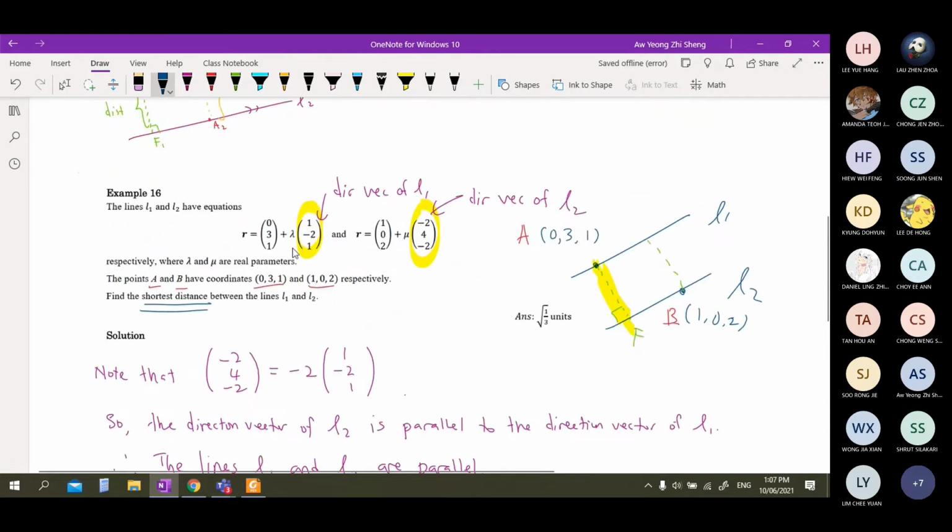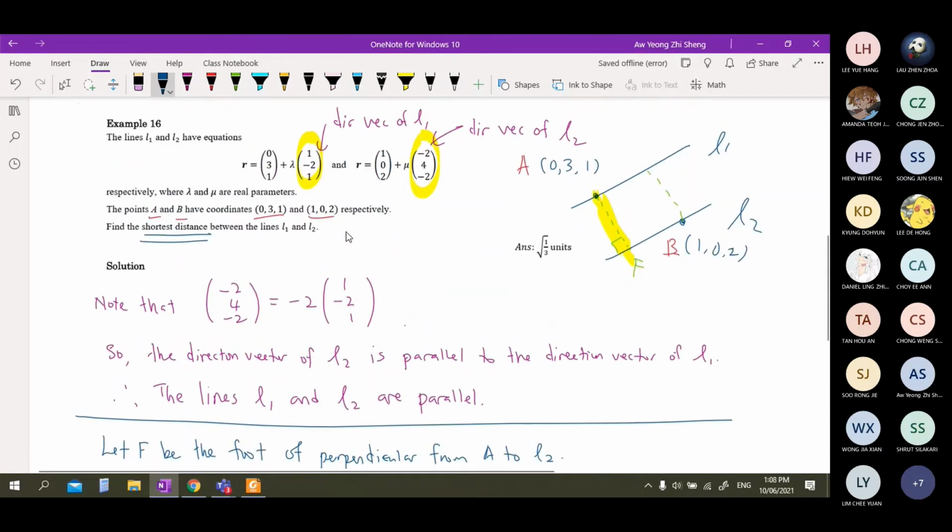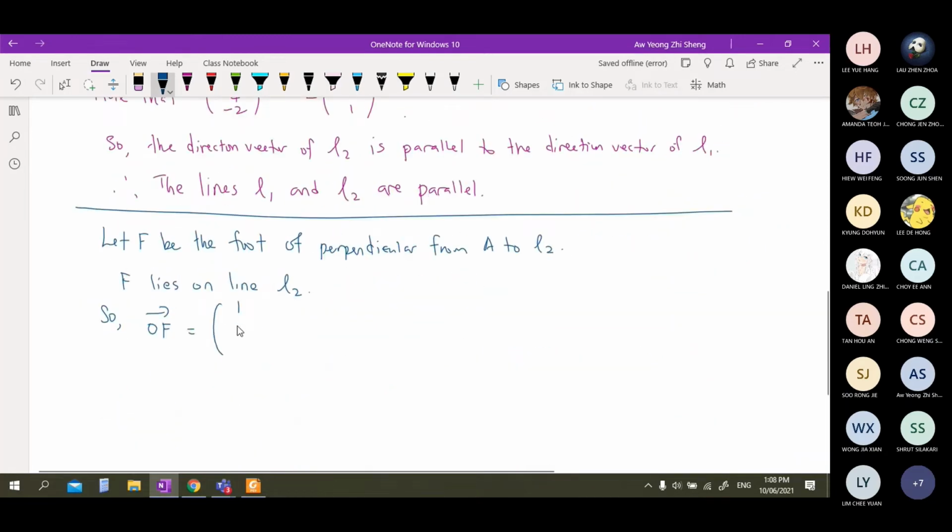So OF will be equal to, using the equation of L2, (1, 0, 2) plus mu times (-2, 4, -2), for some mu in R.